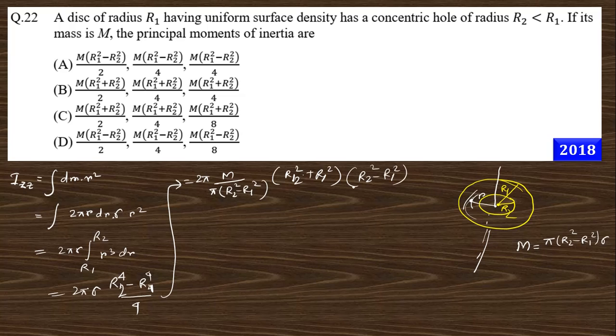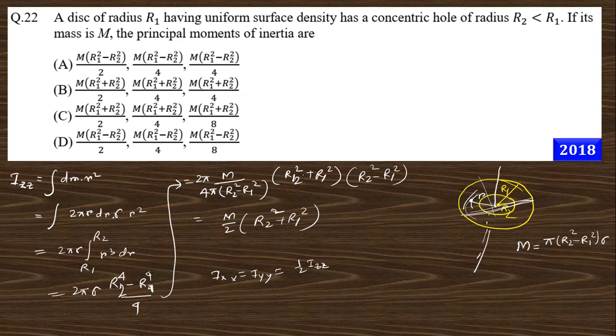These cancel out, pi cancels out, so this is 2m, and there is a 4, so this is m by 2 into r2 square plus r1 square. So this is about the z axis. And from the perpendicular axis theorem, the moment of inertia about the diameter, that is Ixx and Iyy, which are the principal moments of inertia, is nothing but half of Izz.